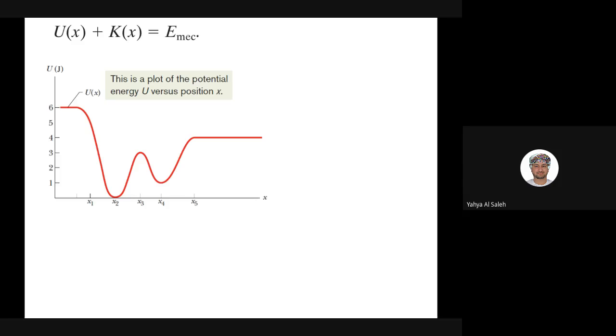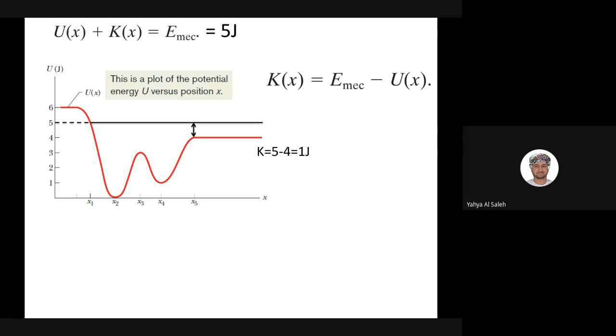We know that the sum of the kinetic energy and the potential energy is equal to the mechanical energy. Let's say, for example, my total mechanical energy is 5 joules. Now, when I want to find out how much motion I am allowed to make, I have to see how much energy I have left. If I have 5 joules total and I'm in a certain region where the potential is already 4, how much do I have left to convert to kinetic? Just 1 joule.